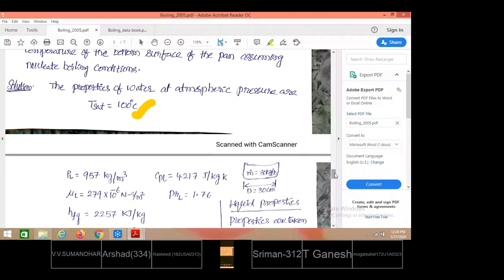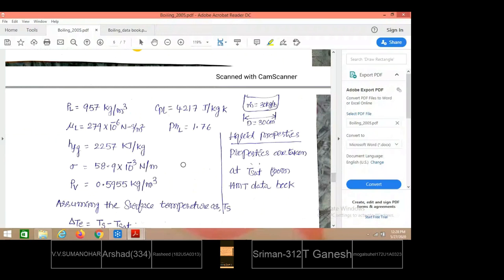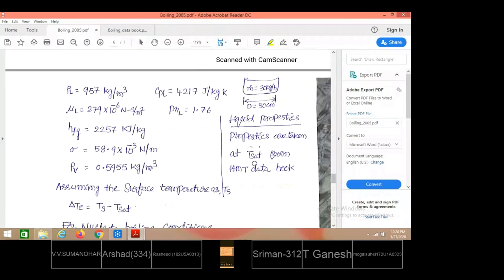At 100 degrees centigrade, for saturated liquid, the properties must be taken either from the steam tables or from the HMT data book. For substitution into the nucleate boiling heat flux relation, all required properties are taken from the HMT data book or steam tables for saturated liquid at 100 degrees centigrade.